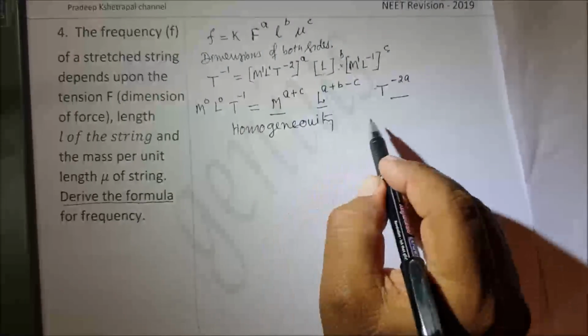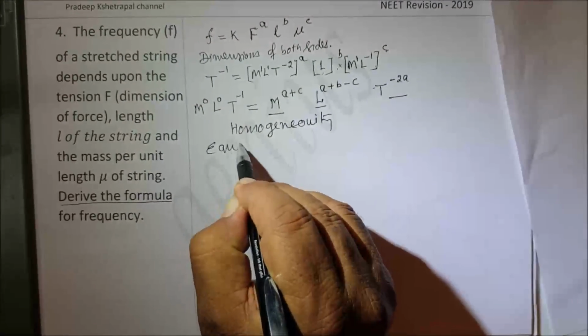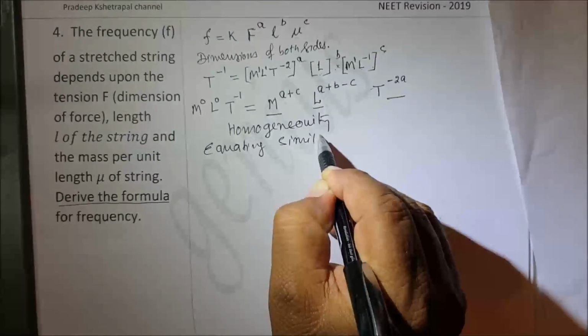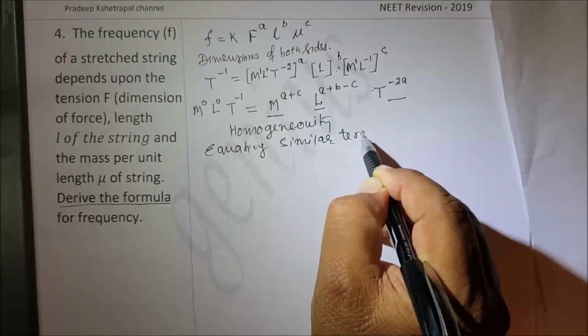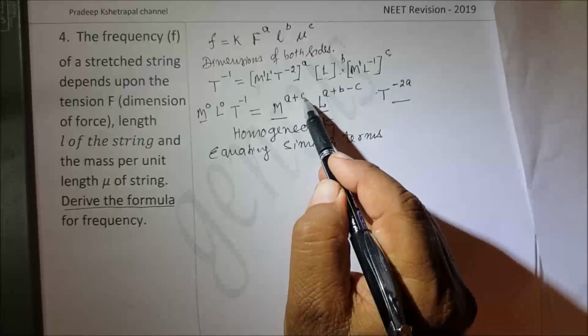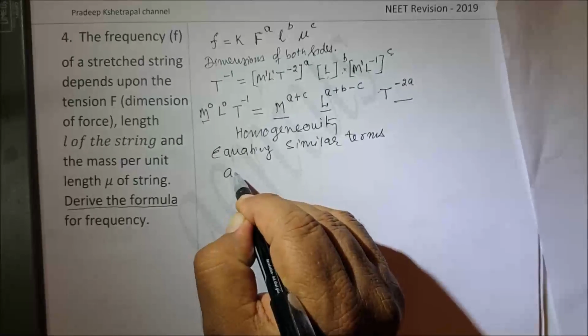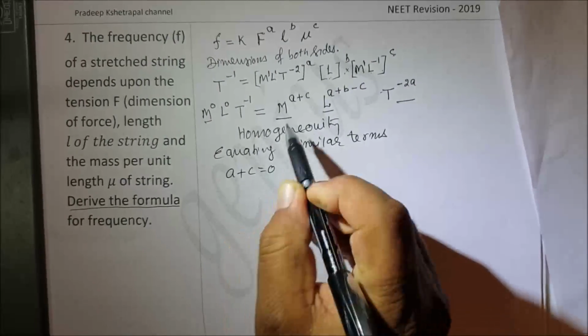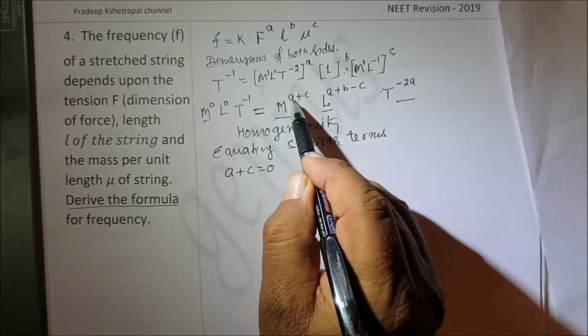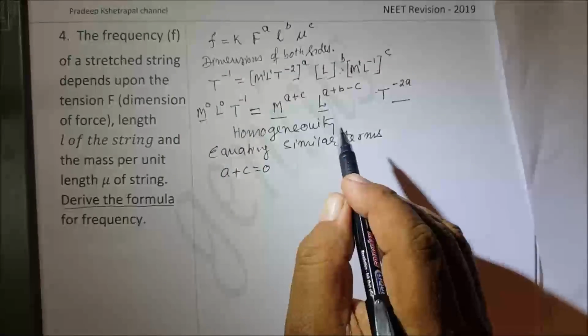So, equating similar terms. See here, mass to the power 0, mass to the power A plus C. So this gives us A plus C is equal to 0. M to the power, and they should be equal. So A plus C is equal to 0.